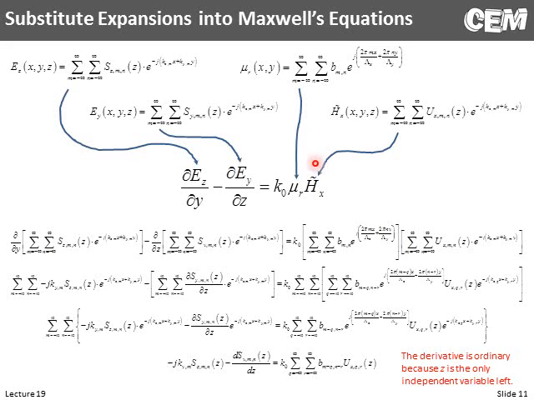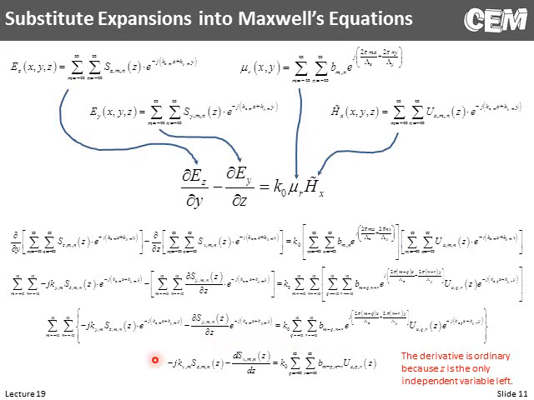So we'll go to the first of Maxwell's equations, and we will take the expansions that we had on the previous slide and substitute them in, following exactly what we did in the Fourier space lecture, but we're leaving the z derivative a z derivative. So we work through the math, and here is where we end up. And of course we took a bunch of steps that we expanded on before and lumped it all in here.